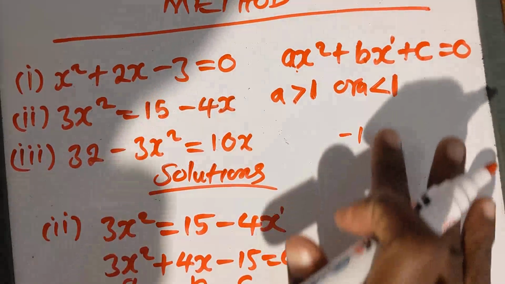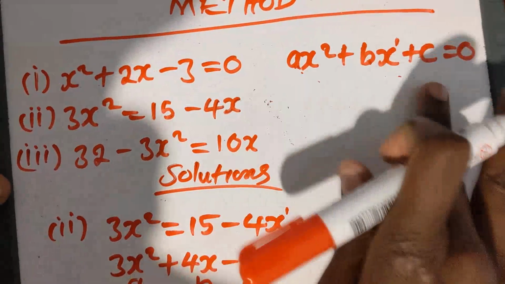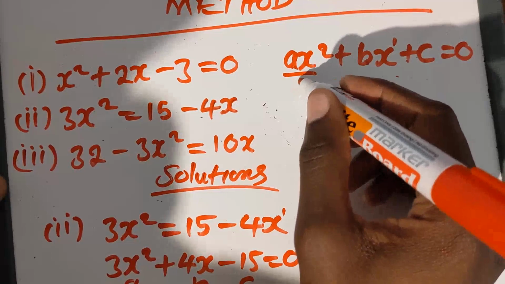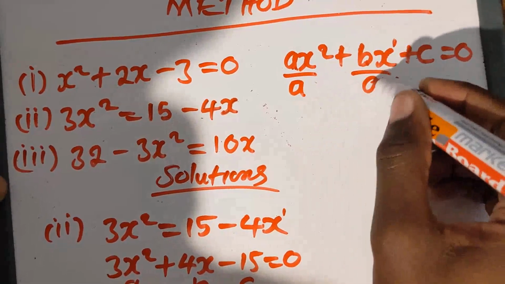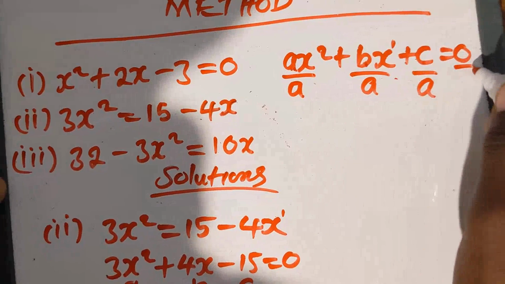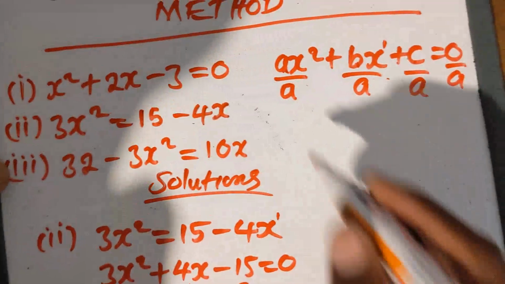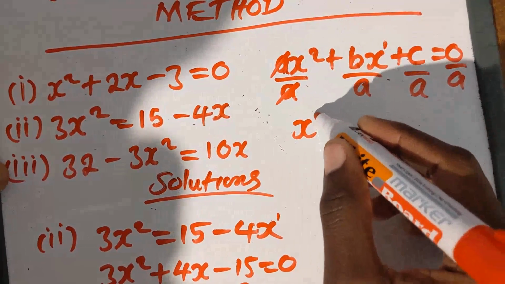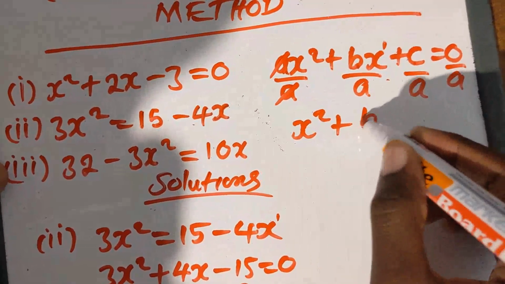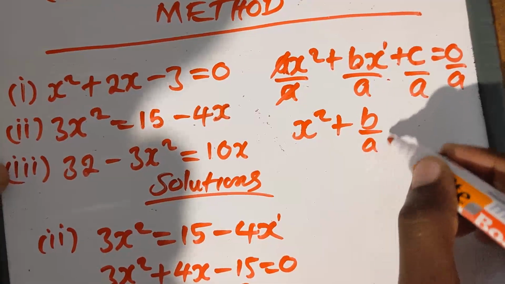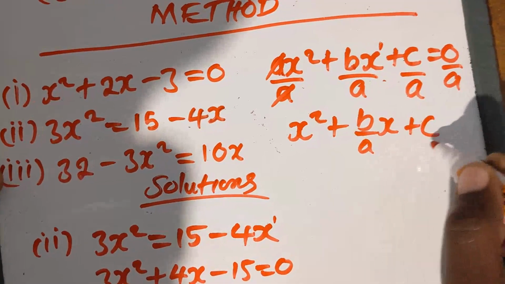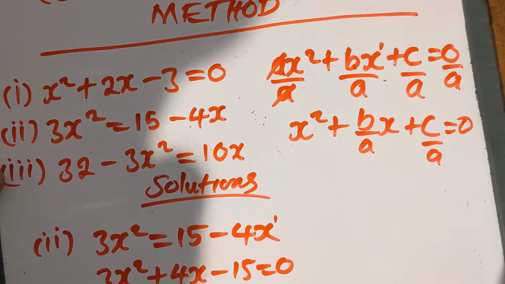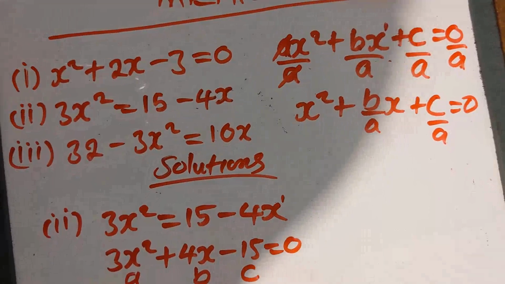If it is like that, then what you are supposed to do is to divide by the coefficient of A. Meaning that the quadratic equation will be: A will go, then it will be x squared plus b over a x plus c over A equal to A into 0, which is going to give you 0. So take note of this.